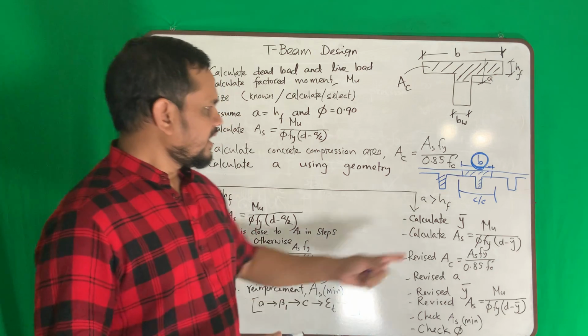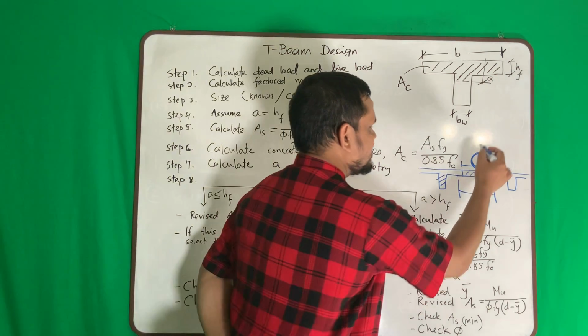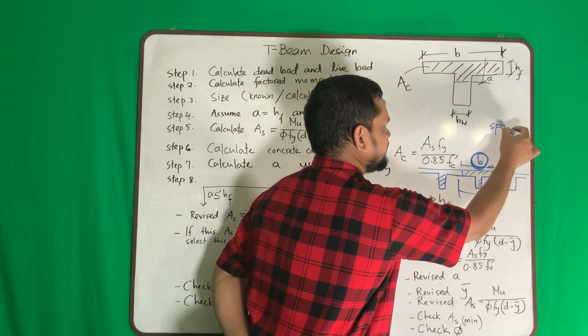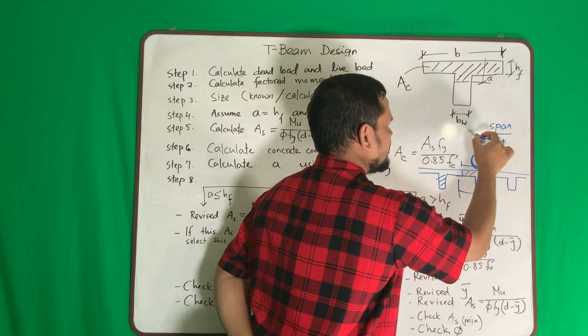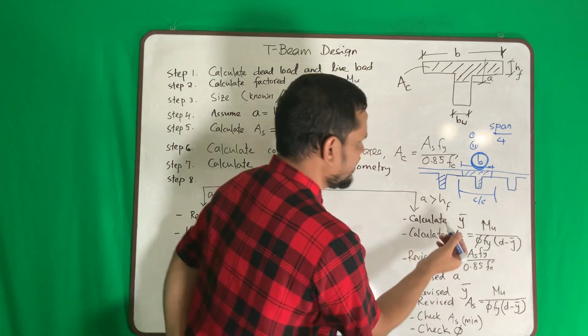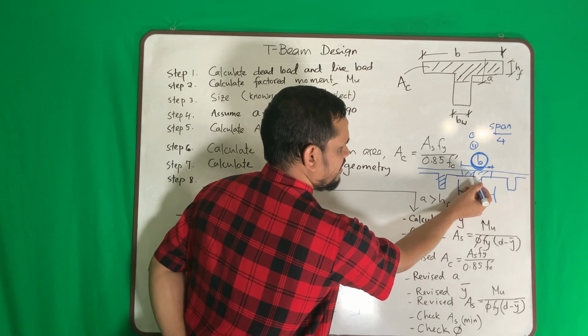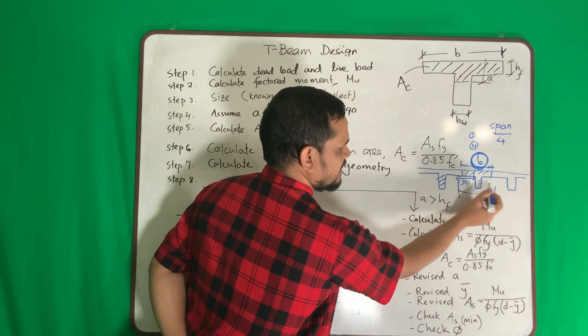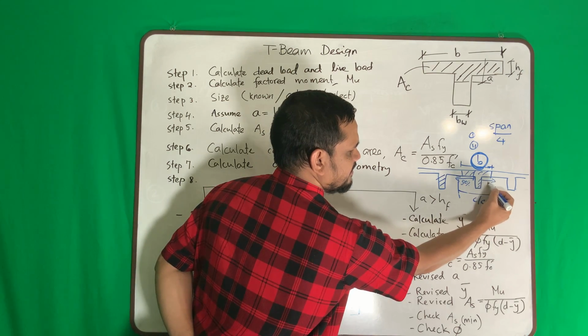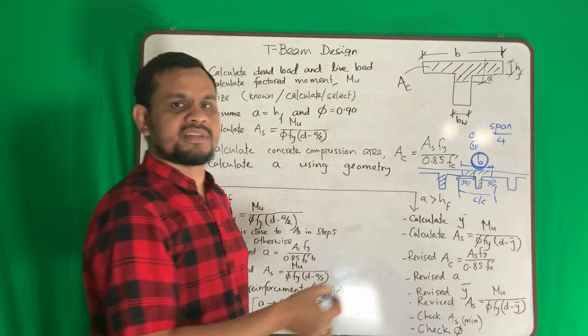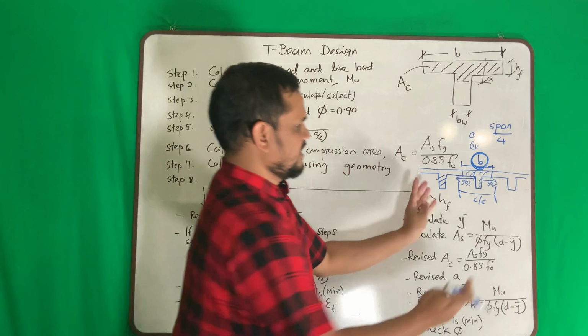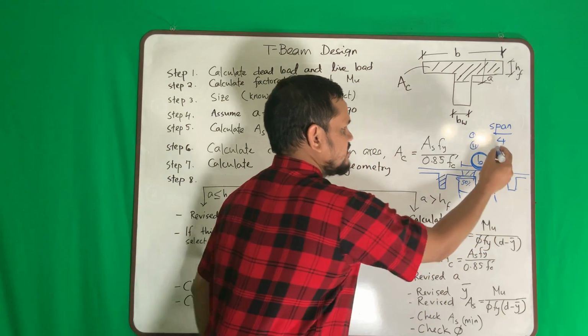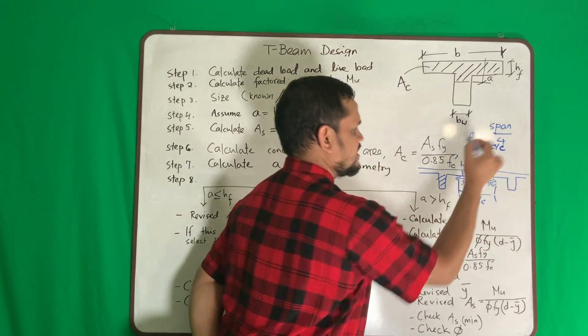Very briefly, this B should be the smaller of span over 4. Then, as a second condition, this portion cannot go more than 50% that side, that means center to center.